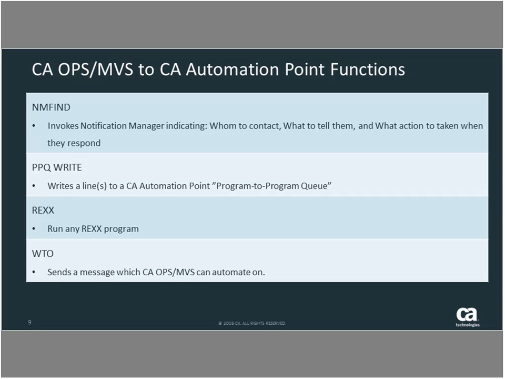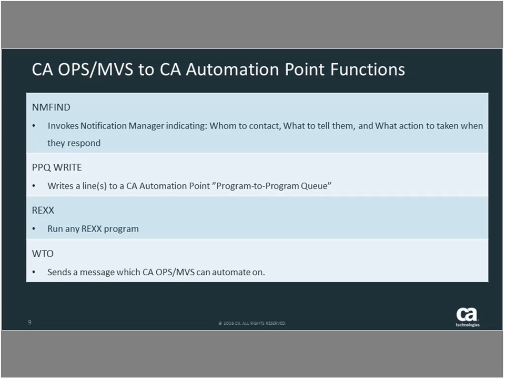So what NM find allows you to do is, from an OPS rule, address your AP server. You can say NM find, tell it what contact you want to contact, and give it the message that you want to send, and it's going to send that down to AP. AP will go through its notification manager procedures to make sure that person is contacted.